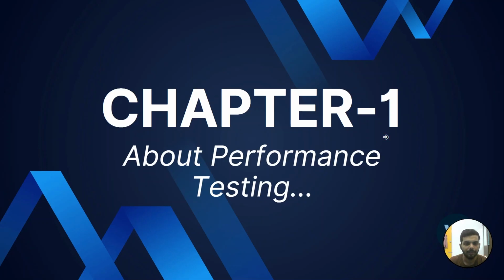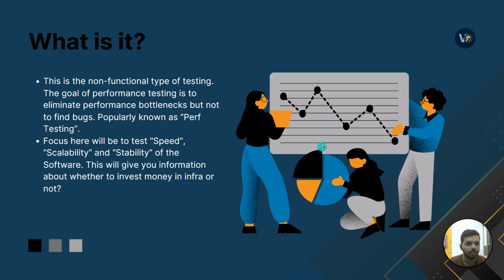So chapter 1 will start about performance testing. What is it? Performance testing is a non-functional type of testing, and the goal of performance testing is to find the bottlenecks of the system. It is not like we are trying to find a bug like usually what we do in manual testing or automation testing, but this is a little bit different as it's a non-functional type of testing.